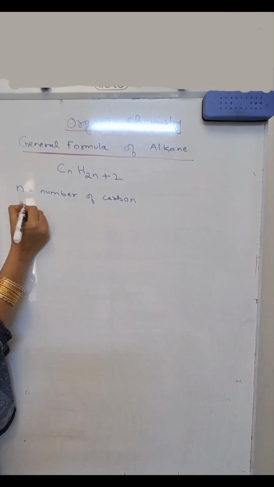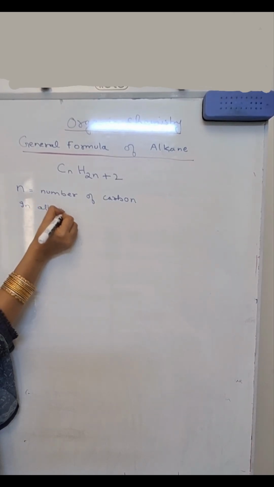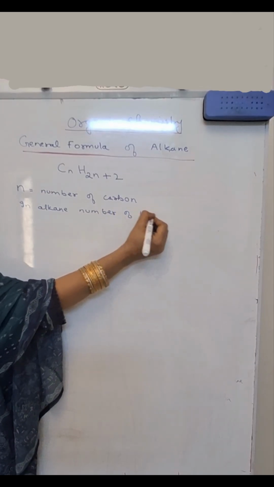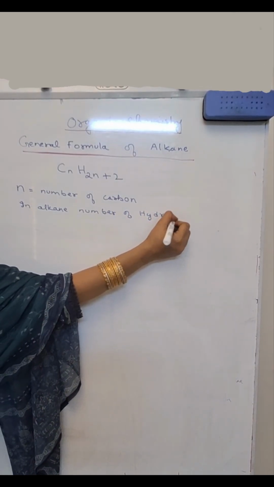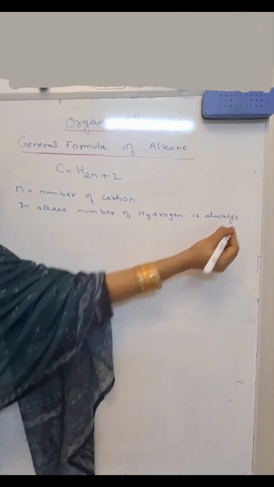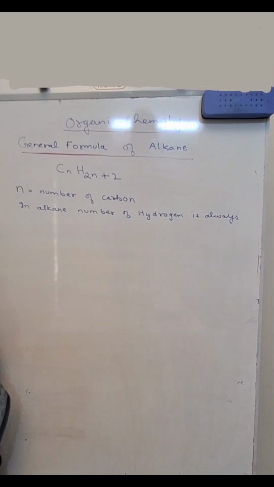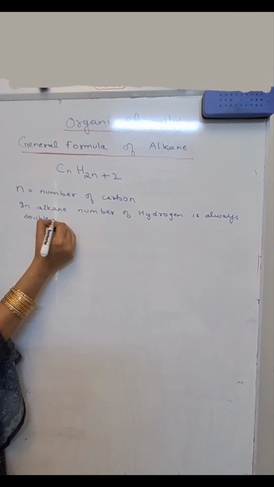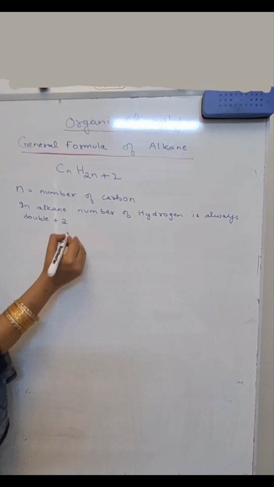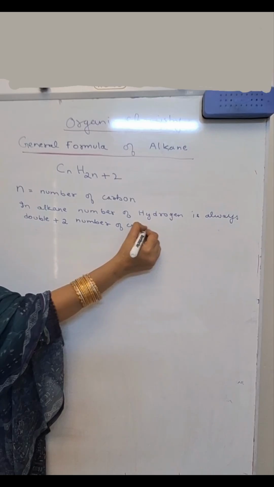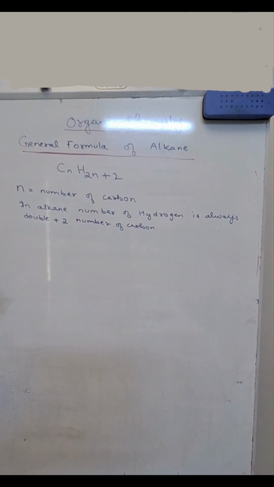In alkane, the number of hydrogen is always double plus 2 the number of carbon.